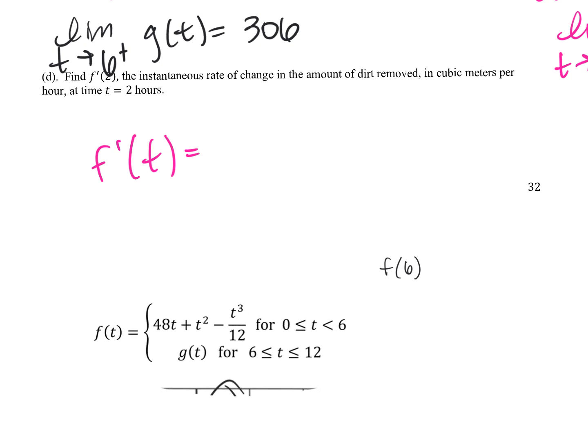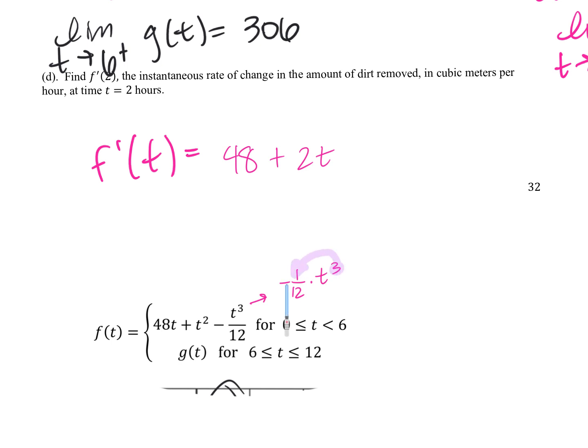Okay, here's my function. We need the derivative of this one. We got this, people. Derivative of 48t: 48. The derivative of t squared: 2t. The derivative of t cubed over 12, which is the same as negative 1/12 times t cubed. These are the same thing. And that might help you when you've got to bring down your exponent.